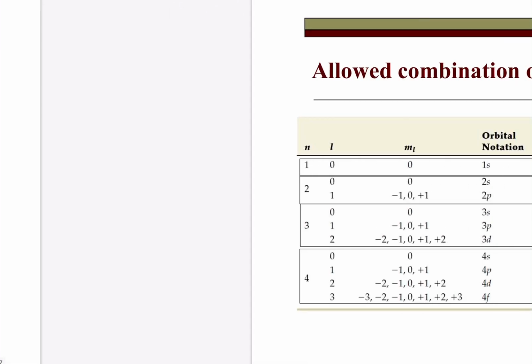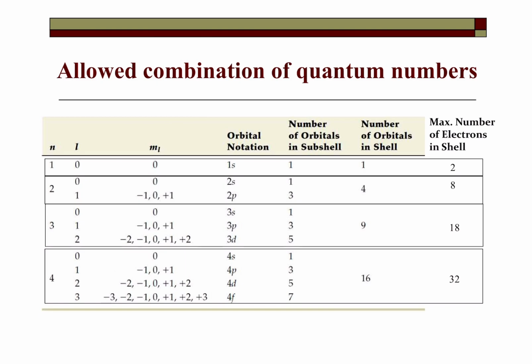And now I have a summary here about the combination of the quantum numbers, but I explained it for you. Principal quantum number: K, L, M, N. And l, the angular number, goes up to n minus 1: 0; 0, 1; 0, 1, 2; 0, 1, 2, 3. ml starts from minus l to plus l: here it is just 0, here from minus 1 to plus 1, and again we have the same here and here.